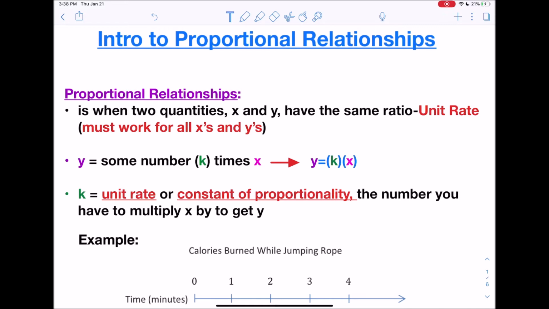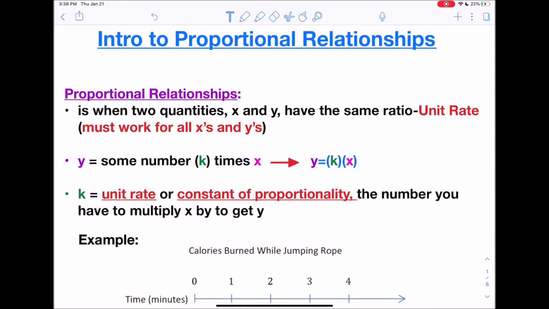That's a proportional relationship. We can write a proportional relationship as y equals some number times x, or y equals k times x, because remember, we're using the letter k to stand for unit rate.